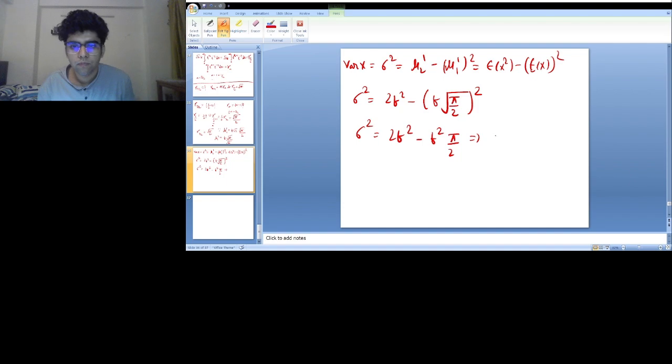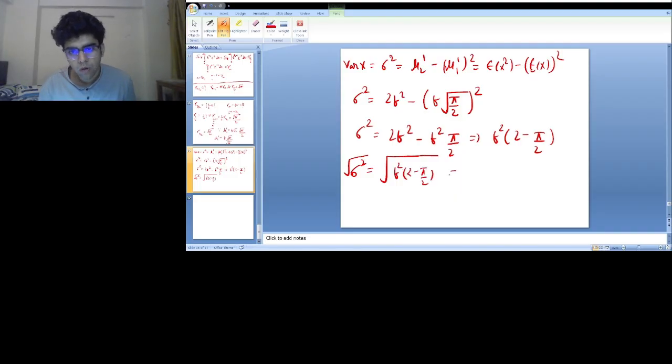Taking b square common, this gives me b square times 2 minus pi by 2. So sigma, my standard deviation, or the root of sigma square, the root of this whole term, is equal to b root 2 minus pi by 2.